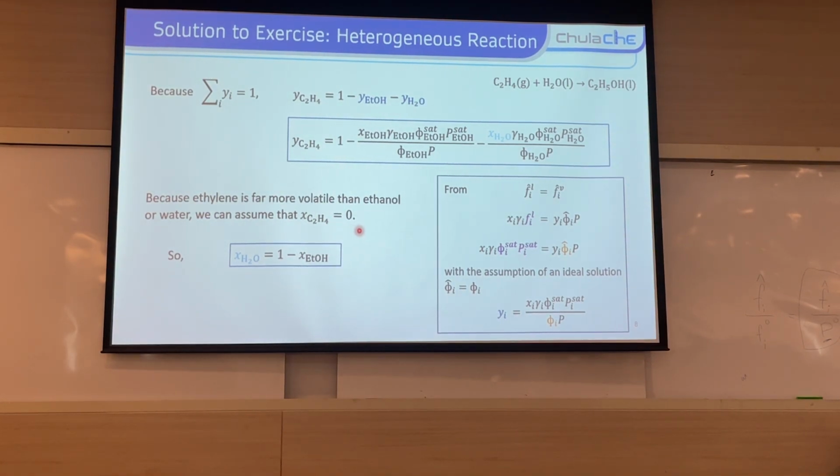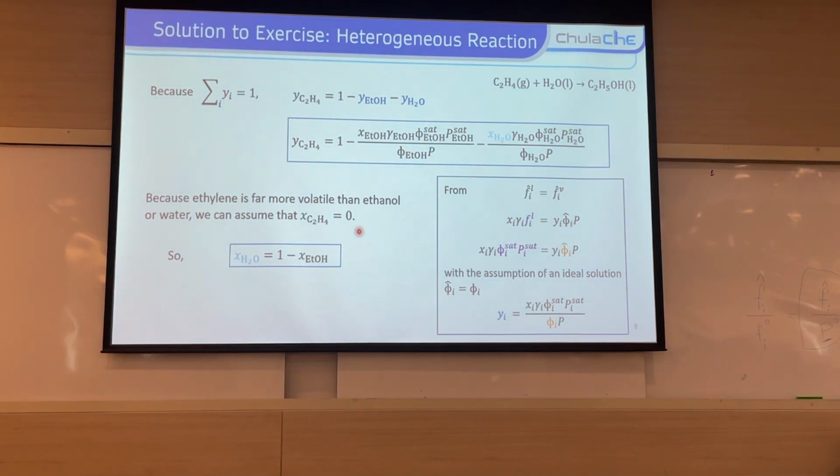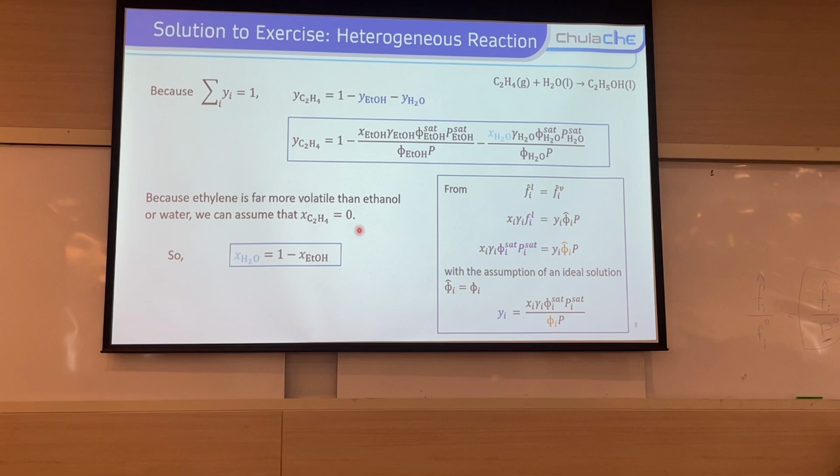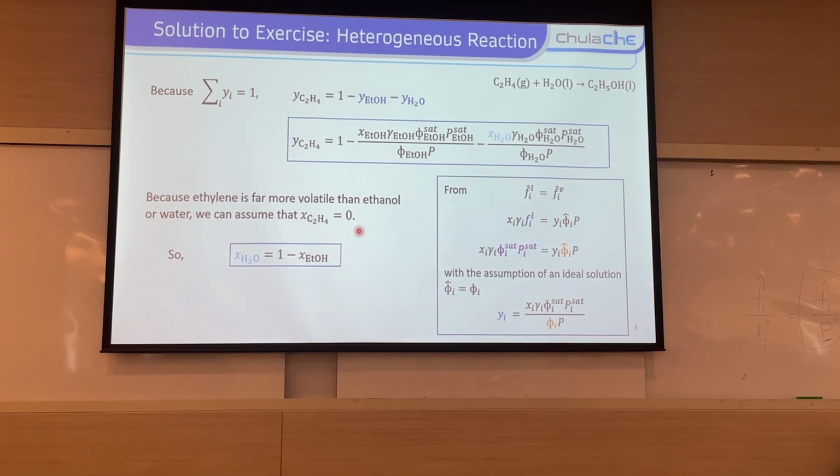Because it's from the property of ethylene itself, and it's also an assumption. In real practice, ethylene is usually in the gas phase, even at high pressure, it's very difficult to condense.